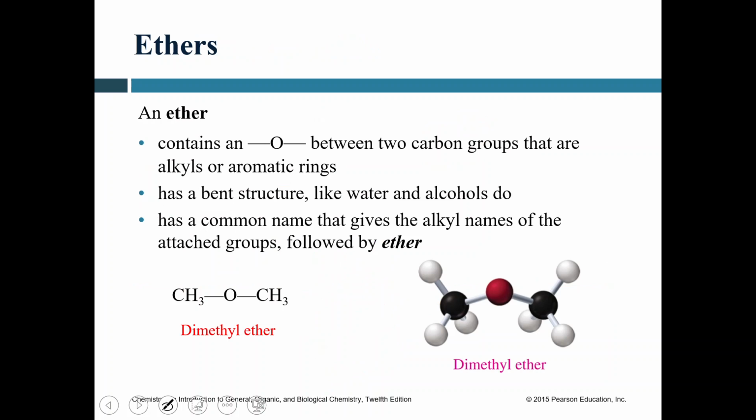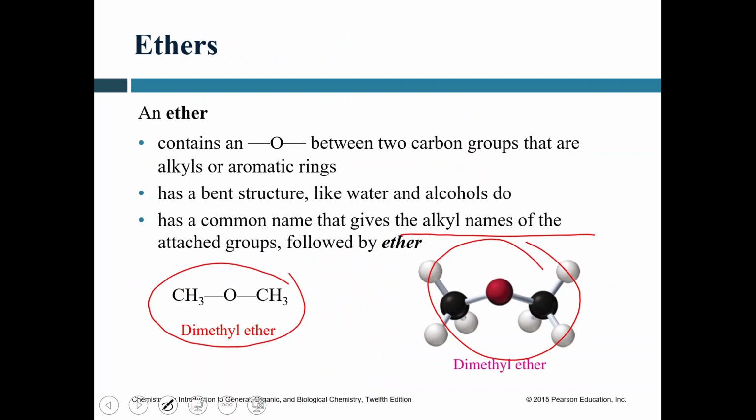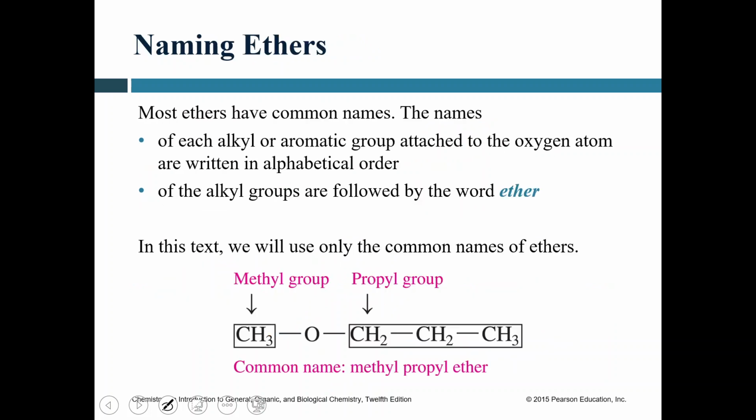Now, ethers contain an oxygen between 2 carbons that are alkyls or aromatic rings. Usually ethers have a bent structure like water, and usually have a common name that consists of the alkyl names of the attached groups followed by ether, like in the case of dimethyl ether.